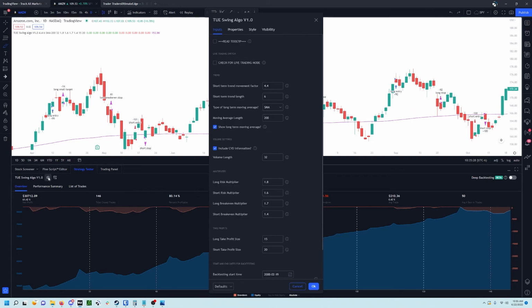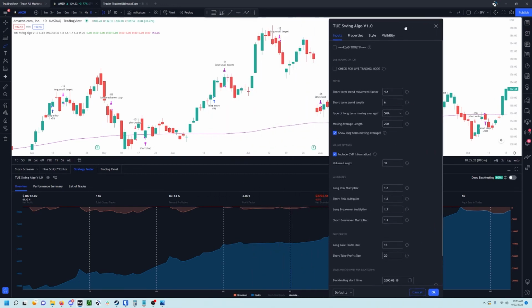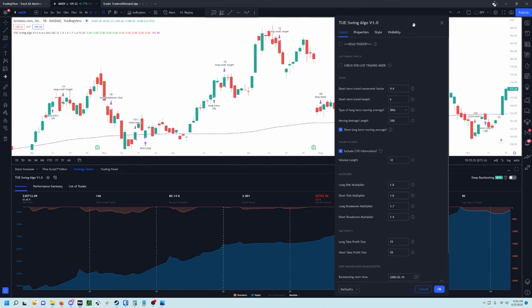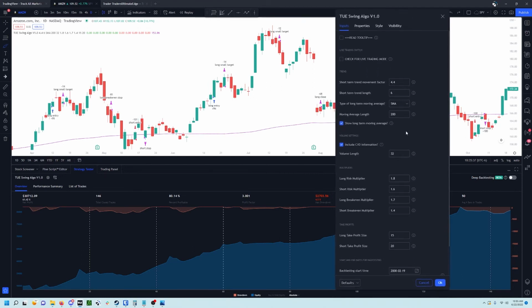Now, there are reasons why we want to adjust this. If, for example, on the short side we're really weak and it doesn't have very long trades, say it only has 12 bar trades on wins on average, then we can put that short take profit size up way high. Or the long take profit size, say it likes to run out those long trades forever.